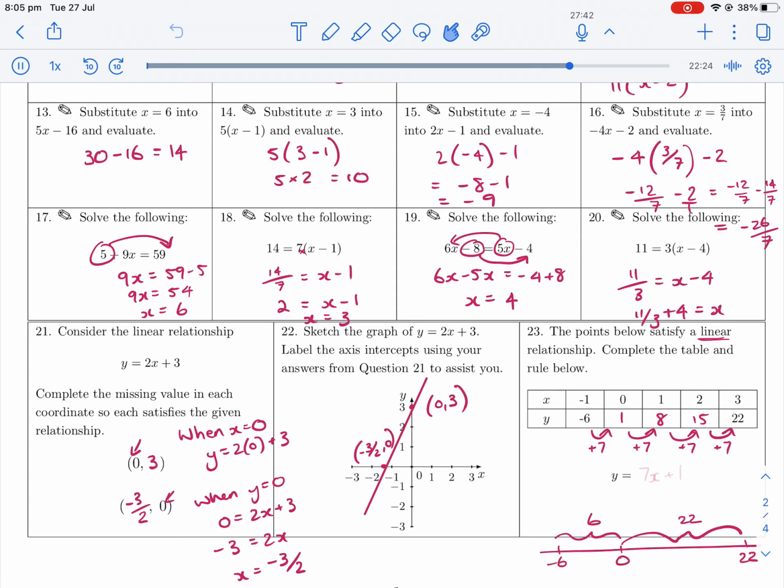So now we're looking for our rule. So we've got y equals 7x plus 1.